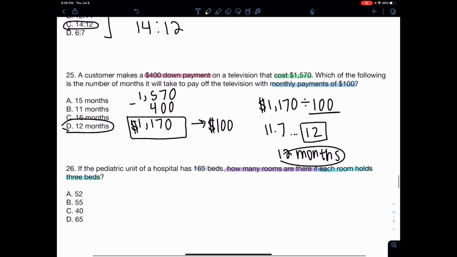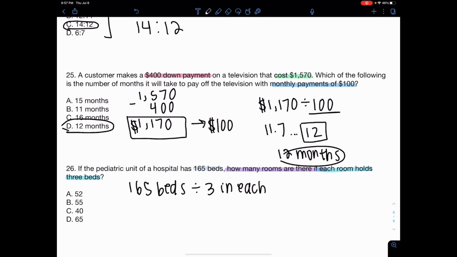So, if we have 165 beds, well, we know 3 beds fit in each room. We're going to go ahead and divide that. So 165 divided by 3 is 55 rooms.